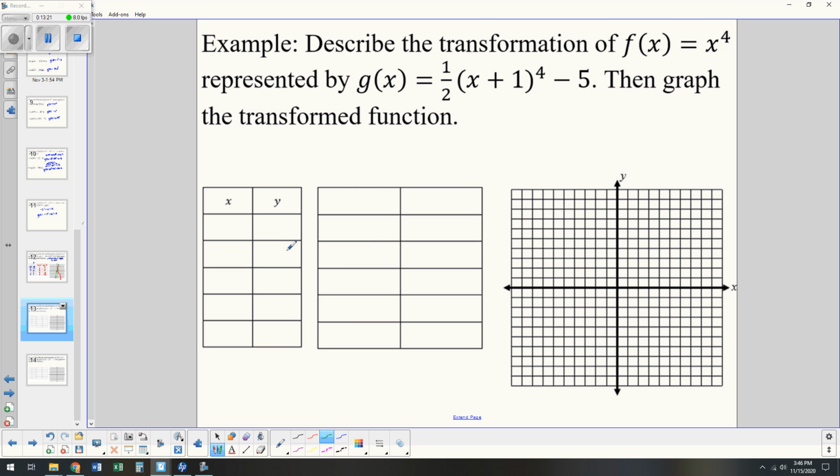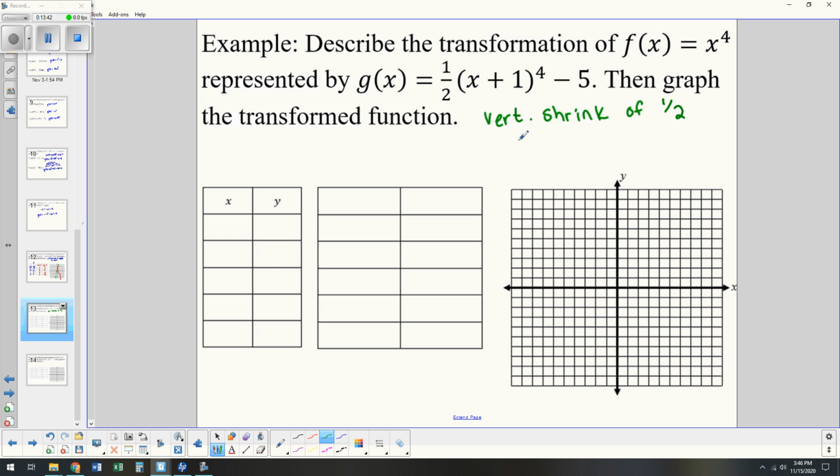Let's do another one. So now I have f of x equals x to the 4th. And I'm going to do 1/2 times (x plus 1) to the 4th minus 5, and then I'm going to graph the transform function. So the 1/2 out front is what tells me I have a vertical shrink of 1/2.